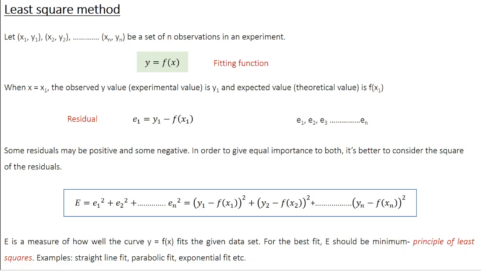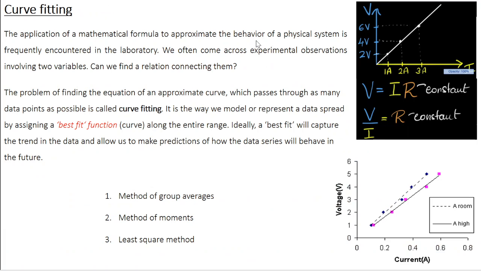Okay, so imagine that x1, y1, x2, y2 all the way to xn, yn are the set of n experimental data. For example, if you go back to the previous example, x1, y1 is nothing but 2 volt 1 ampere, x2, y2 is 2 ampere 4 volt, x3, y3 is going to be 3 ampere 6 volt.